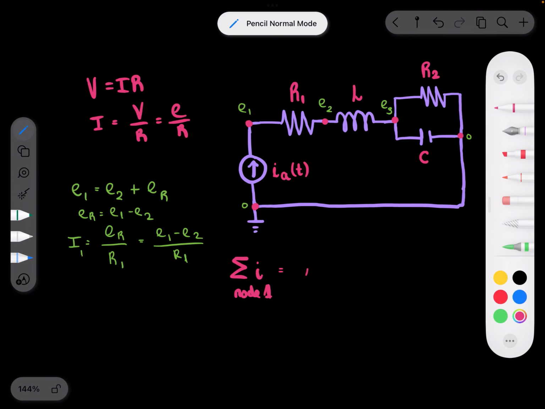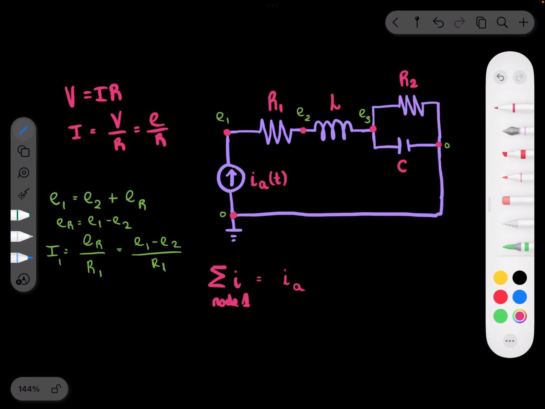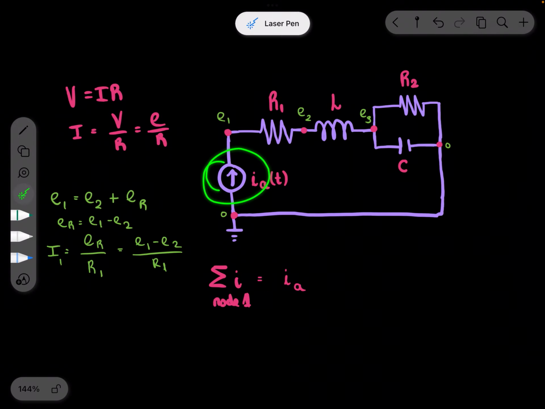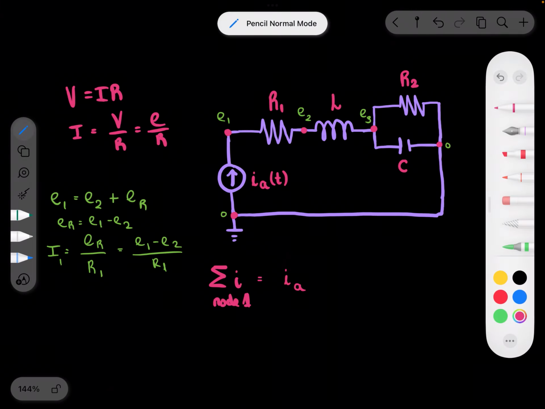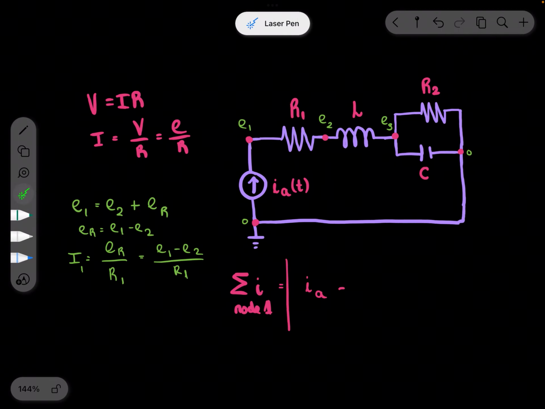you have the current coming in from the source, so IA, and from the source, next up would be the consumer. The resistor is your consumer. So starting from IA, you would have to subtract whatever voltage drop you have because of the resistor.